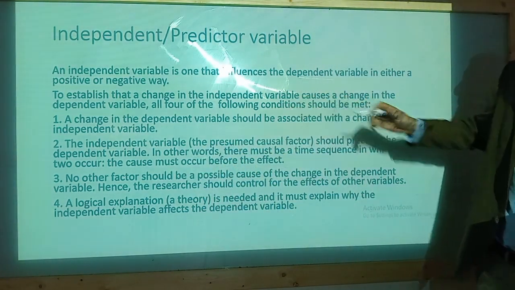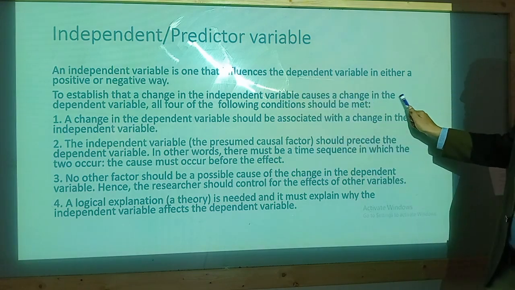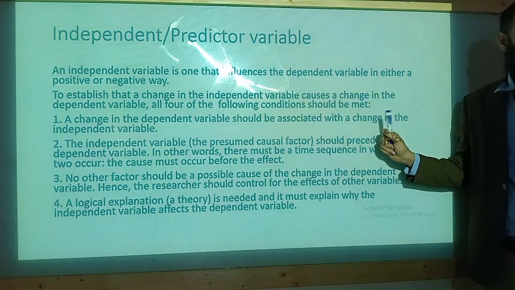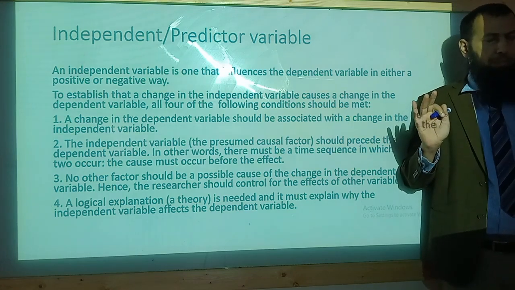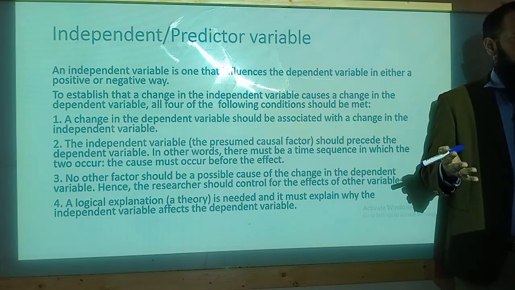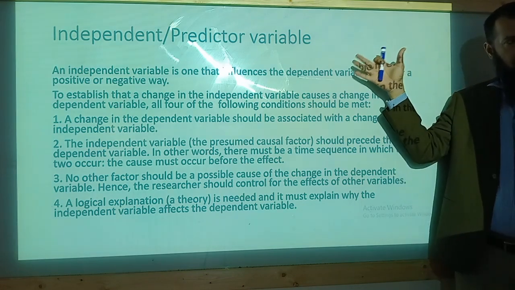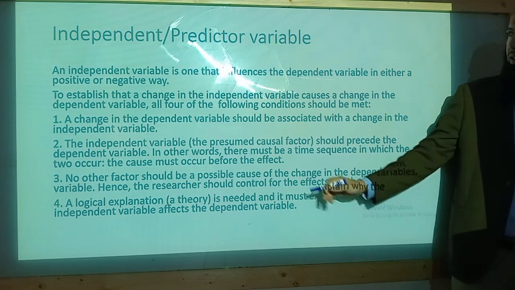So to establish that a change in the independent variable causes a change in the dependent variable, all four of the following conditions should be met. They say there is a condition for that: no variable is independent until it satisfies the four conditions. What are they?